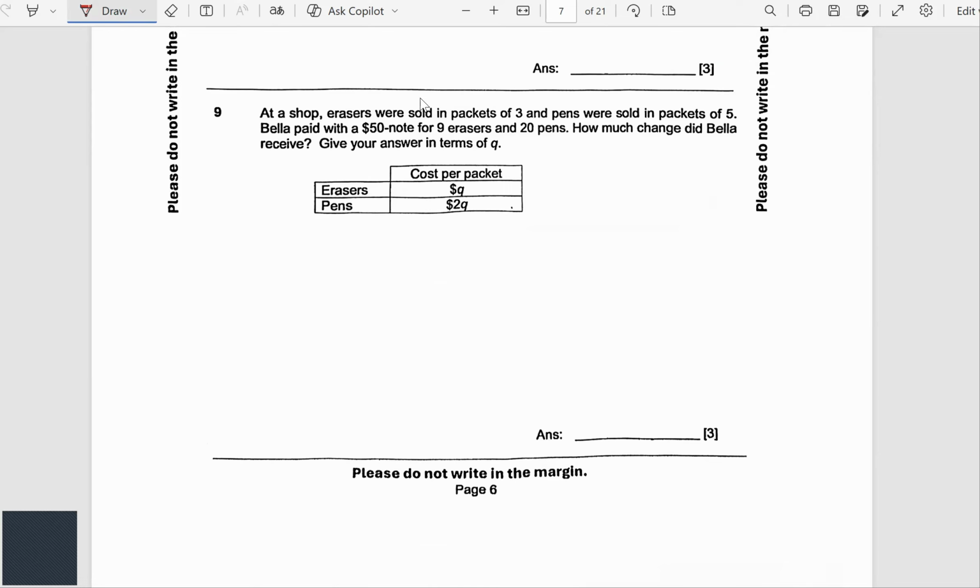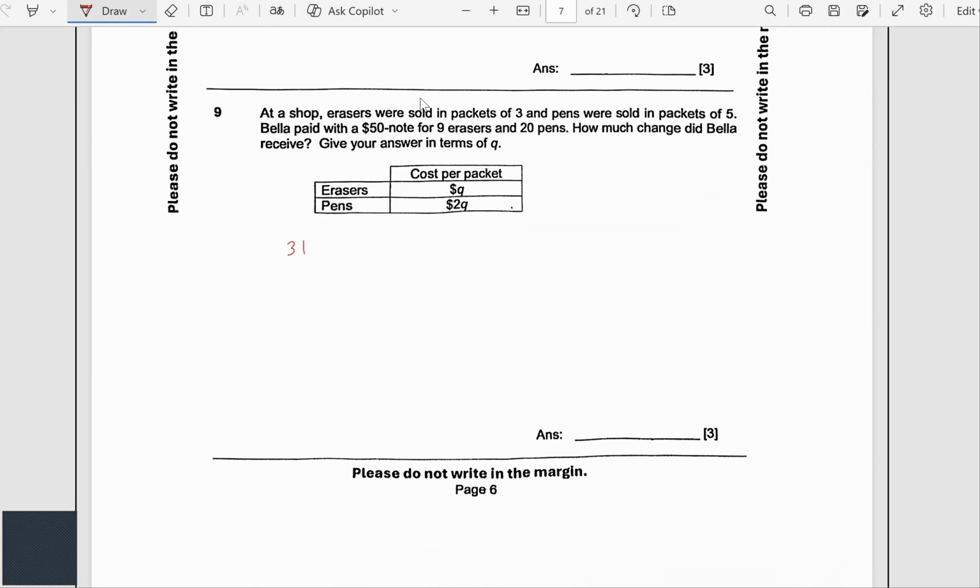Okay, erasers were sold in packets of 3. So every 3 erasers, it costs Q dollars. She wants to buy 9 erasers. So to find 9, here we times 3. Okay, so 3Q.